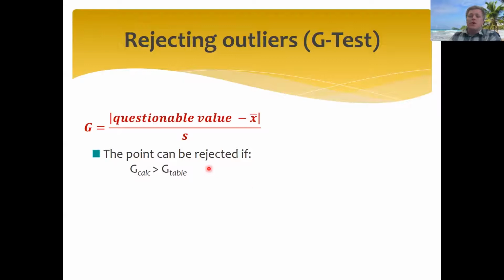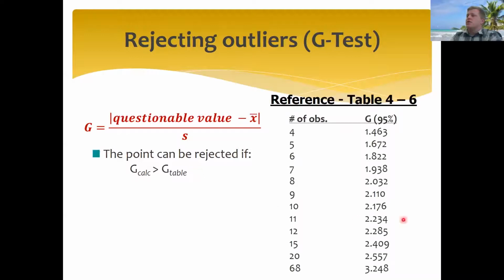Now, I don't actually know an equation for looking up or for calculating a G value in Excel, so we are just going to turn to table 4.6 in your book, and it has on one side number of observations, and on the other side the G value associated with a 95% confidence interval.